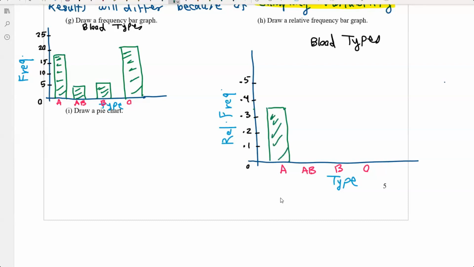Now for AB, I want to have these in between of that rectangle. So for AB, we have 8%. So this is 10%. Okay, let me draw that again. It's very close to 9%.